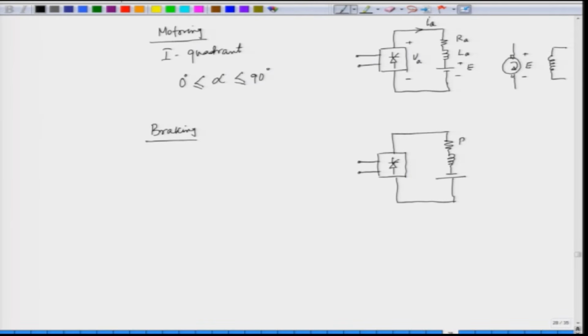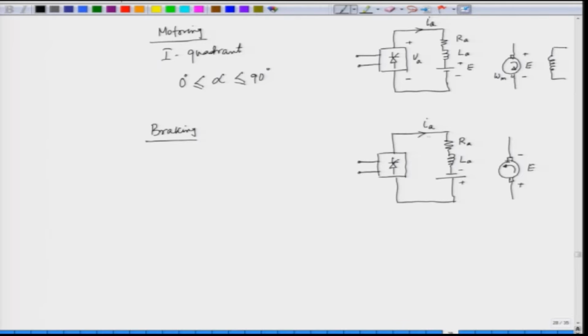So, this is the resistance and the inductance, and how does the back EMF reverse? The back EMF can reverse provided we have a negative speed. So, if this is omega m, this speed is opposite of that. So, the speed is negative and the back EMF has reversed, with this minus and this plus. The current is always into the motor, that is I A, because we have a unidirectional converter.